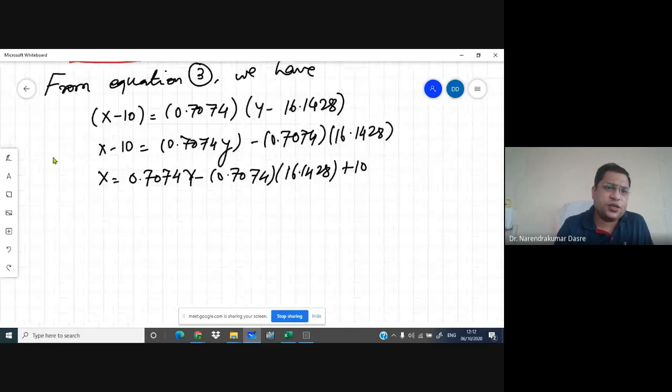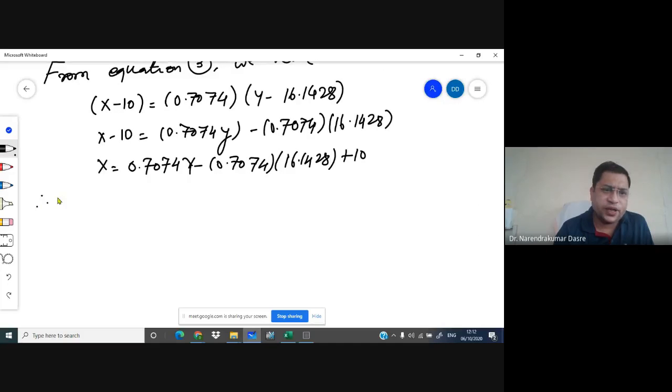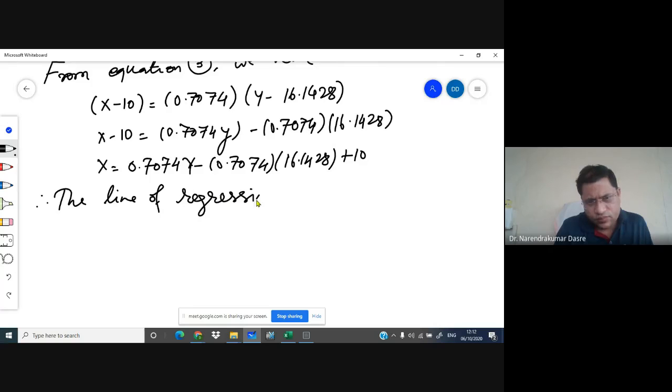So that's what we have, and now we can say the line of regression of x on y is.